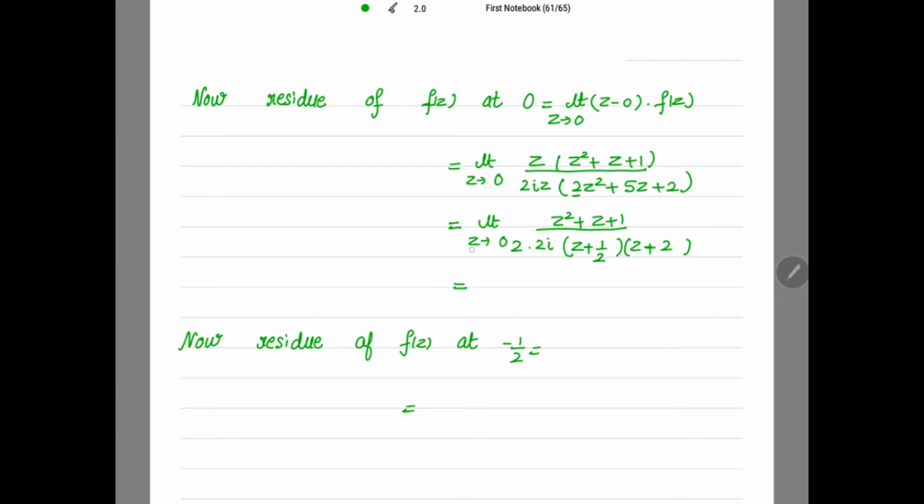Fine. Now putting z tends to 0 over here, you get 1 over 2 iota, 1 by 2 into 2, which is equal to 1 over, this should be 4 iota. Wait.